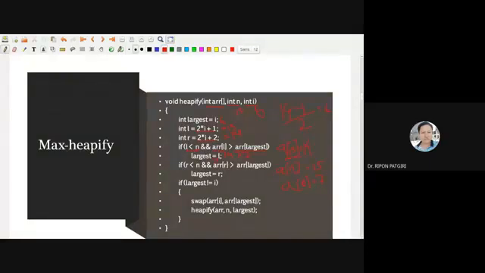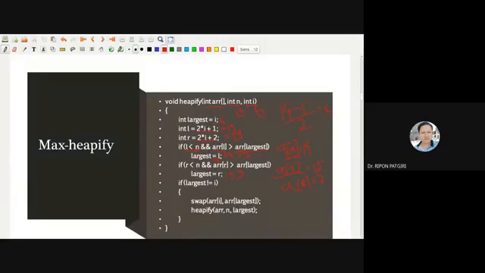Now is R less than N? R is 14, and 14 is less than 15, yes, it is true. So array of R, array of 14, is 15. Is 15 greater than array of largest?